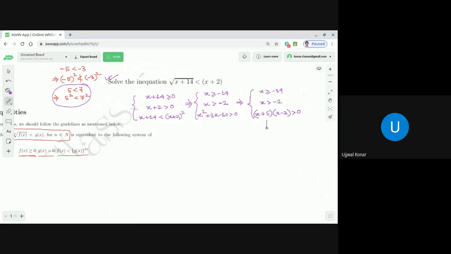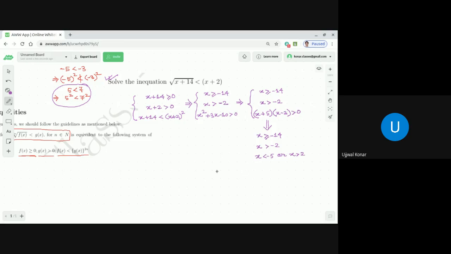So from here, we get x greater than or equal to minus 14, x greater than minus 2, and that implies either x is less than minus 5, correct or not? Or x is greater than 2. So now all these things you can put into the number line, correct or not?